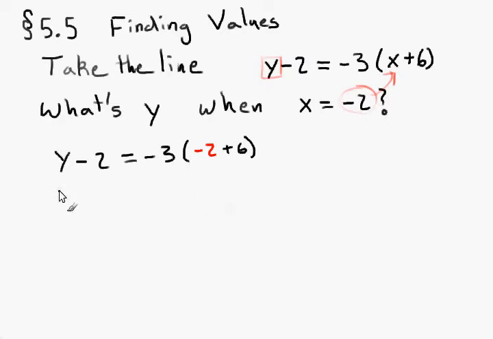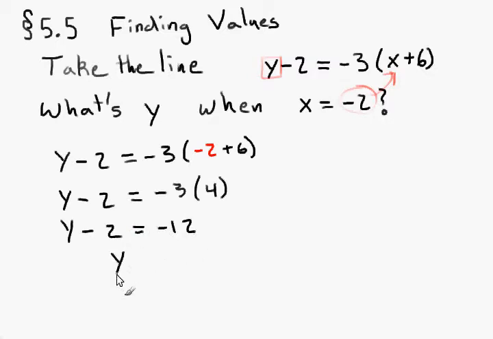Not really a lot of solving. First thing we're going to do is just simplify this. Negative 3 times 4, and that's y minus 2 is equal to negative 12. Then we add 2 to both sides, so y is negative 10. And that's our solution.